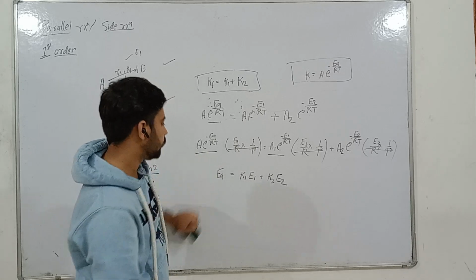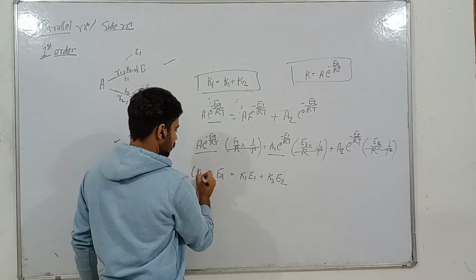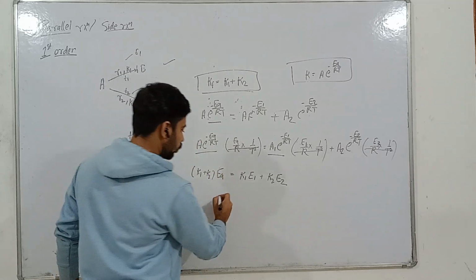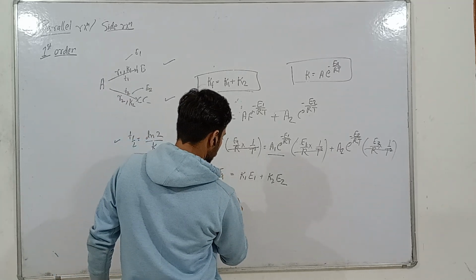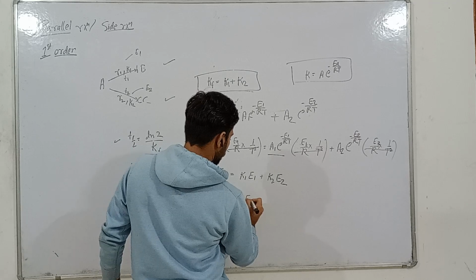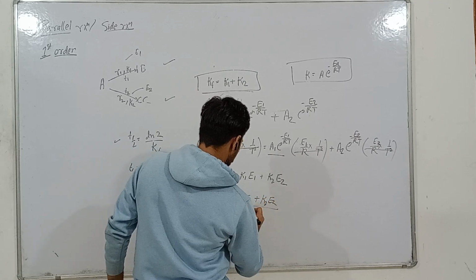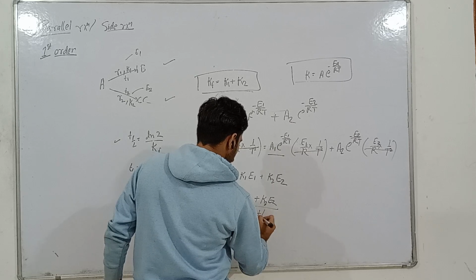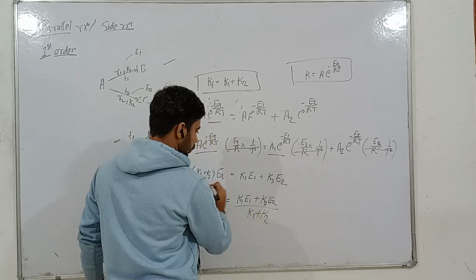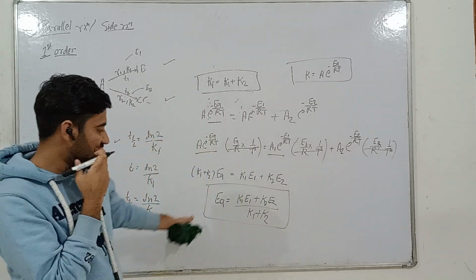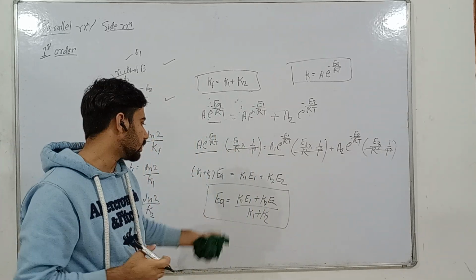Kf equals k1 plus k2. Then the overall activation energy will be k1 E1 plus k2 E2 divided by k1 plus k2. This is the overall activation energy of the reaction.